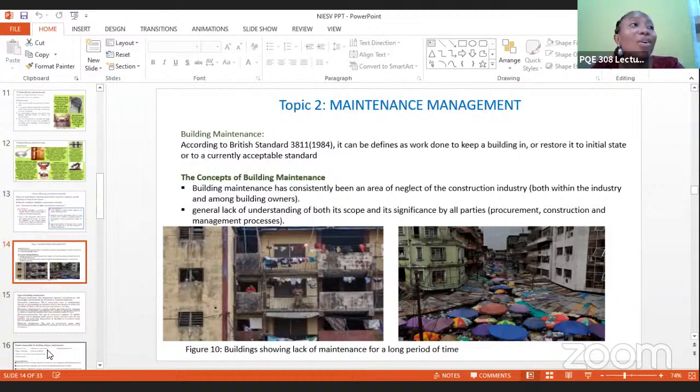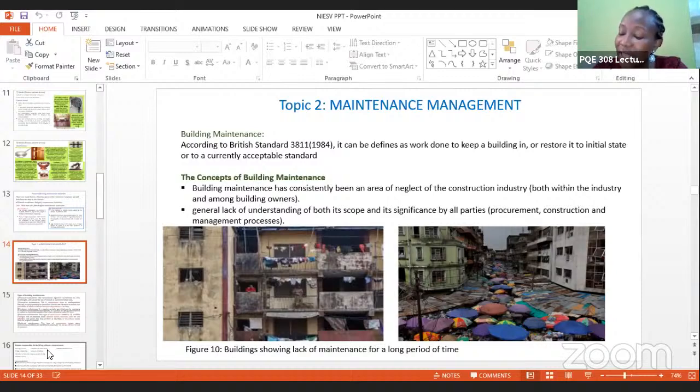So no matter how good a structural engineer has designed a particular building, no matter how good a builder has built or supervised a particular building, if the building is not being maintained, it's not going to last, because everything has its useful lifespan.